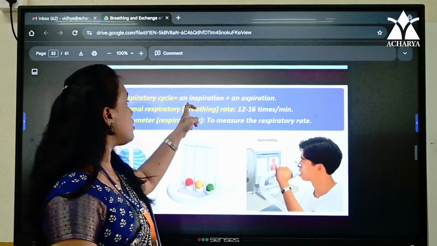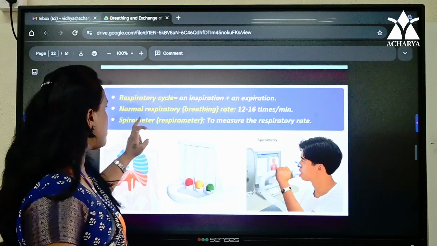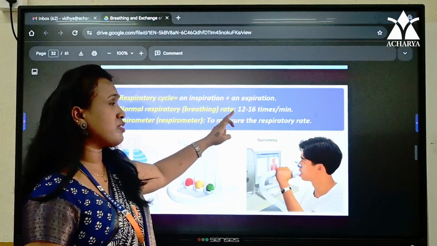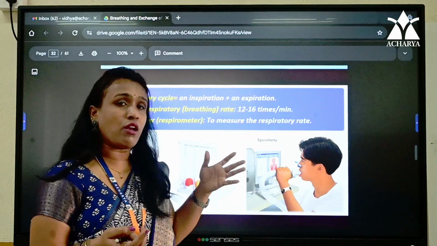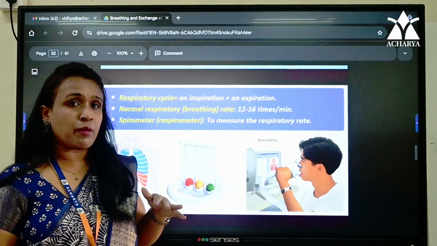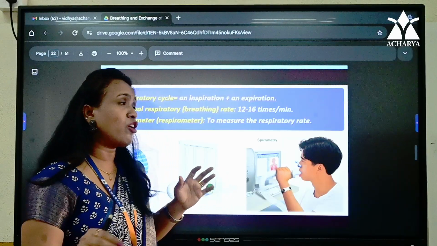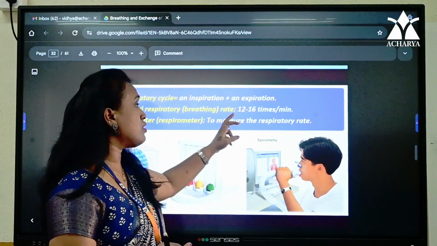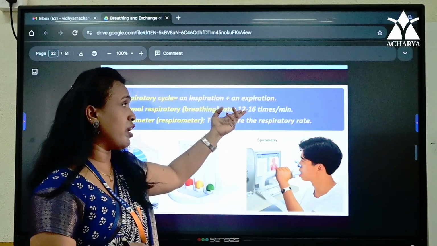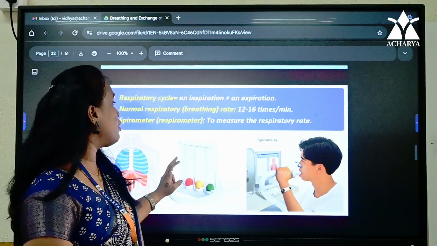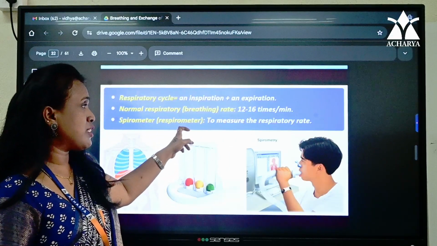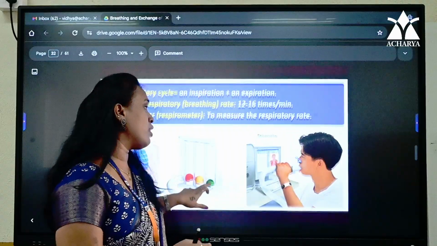Respiratory cycle is an inspiration plus an expiration. Normal respiratory rate is 12 to 16 times. That's why we calculate 12 into 500 ml for ventilation per minute or respiratory minute volume. That is the calculation we have to use. Spirometer, also called respirometer, is used to measure the respiratory volumes.